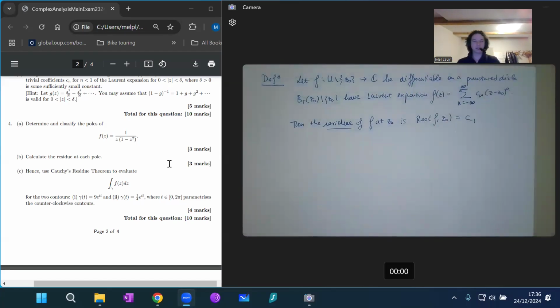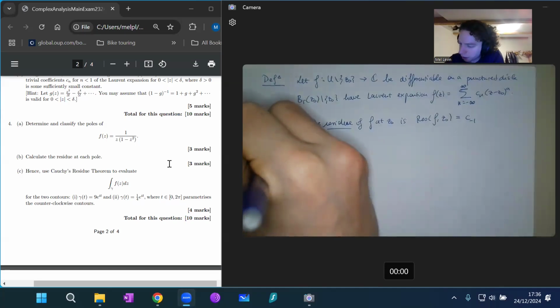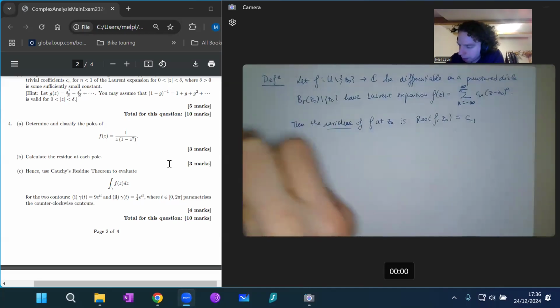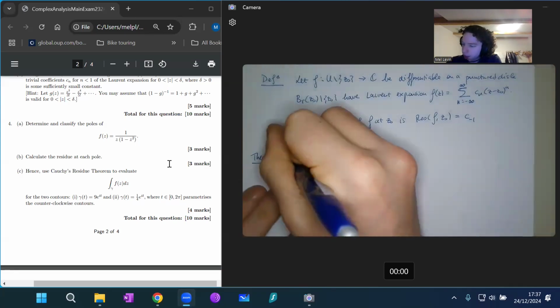So how to calculate it? Well, in this case, you just use this theorem.